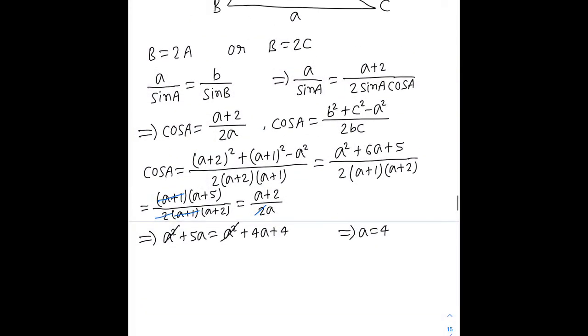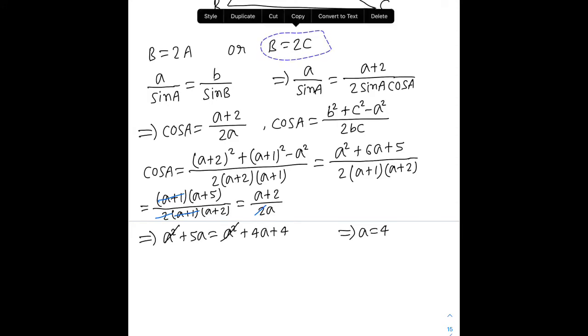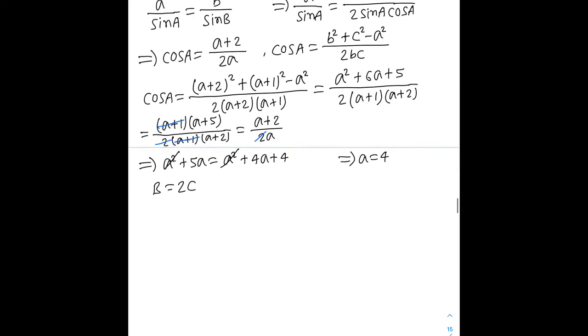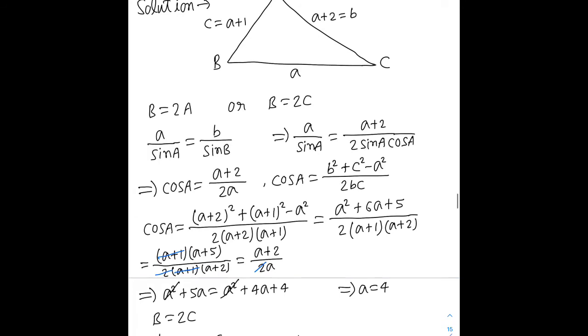Okay, so we'll discuss the next case where b equal to 2c. When b is equal to 2c, we can do it similar to this only. If you apply sine law, you can write b by sine B, and in place of B you can put 2C, because angle B is 2C, and that would be equal to c by sine C. Now b is nothing but a plus 2, c is nothing but a plus 1.